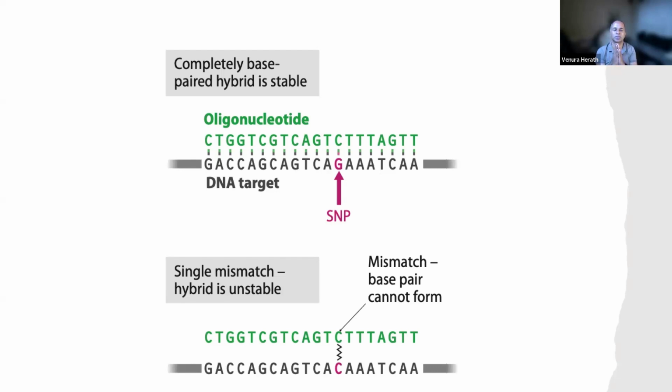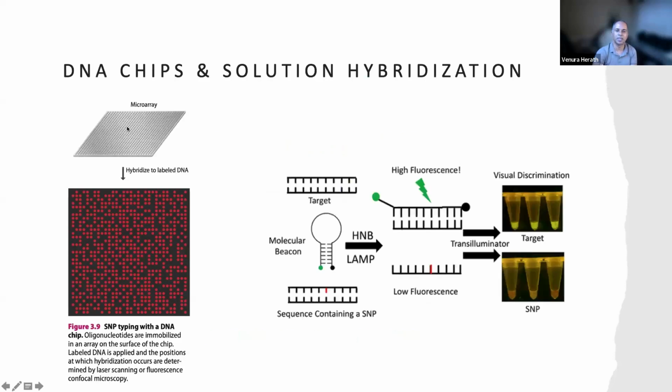We use fluorescent pigments to detect this hybridization or lack of hybridization, so we can visualize it like this. This is basically a SNP microarray. Sometimes there are 40,000 or 50,000 different oligos, each representing an individual SNP, spotted using a robot onto the slide.